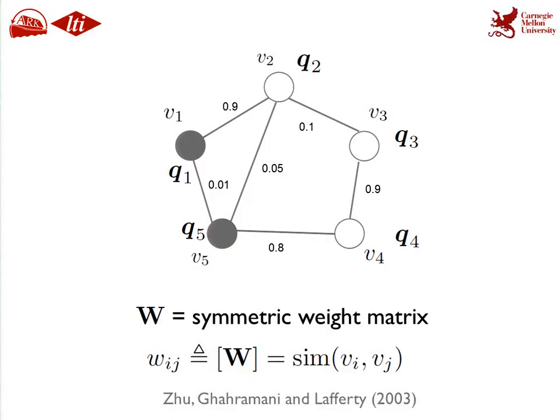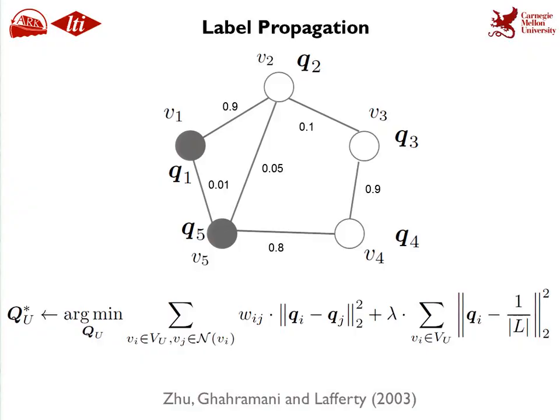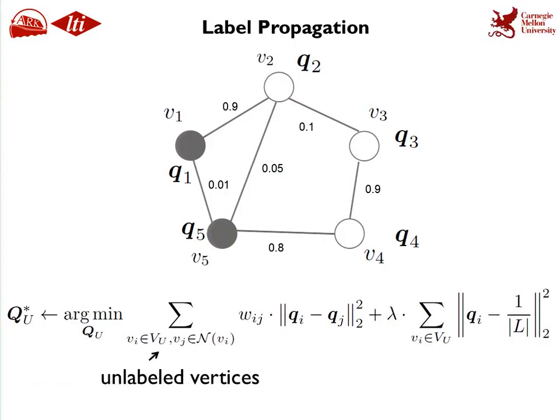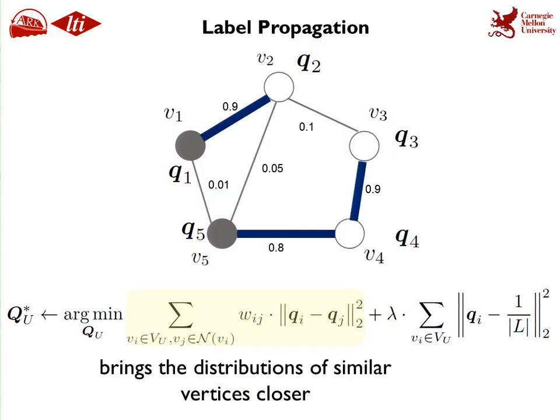We use this objective function proposed by Jerry Zhu and others, where we optimize over the set of distributions over the unlabeled vertices, and there are two big terms. In the summation, we iterate over all the unlabeled vertices and their neighbors and try to minimize the distance between their distributions. So it's a quadratic or Gaussian field, if you will.